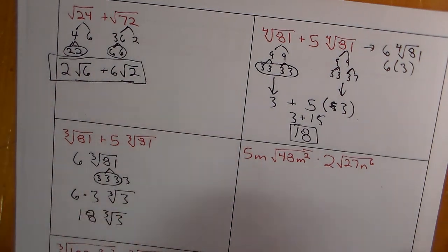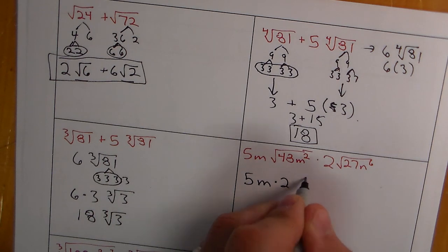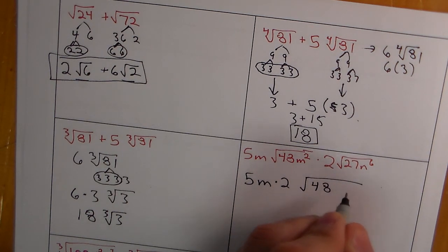On our next one, it's a multiplication, so similar to the ones we saw on the front page, we're going to put the outside terms, the coefficients, together. So that's 5m times 2, and then put the rest of it inside a radical.